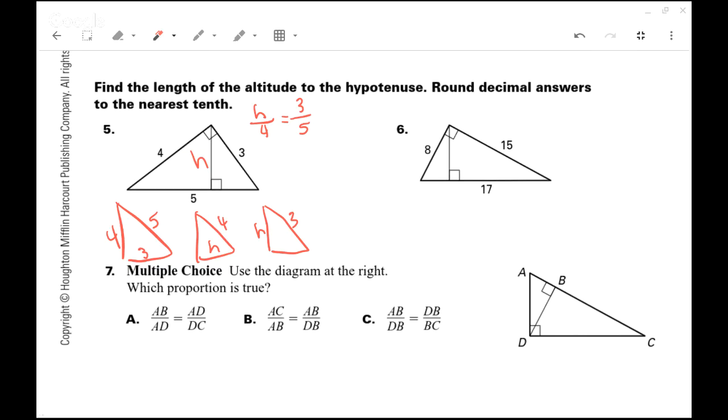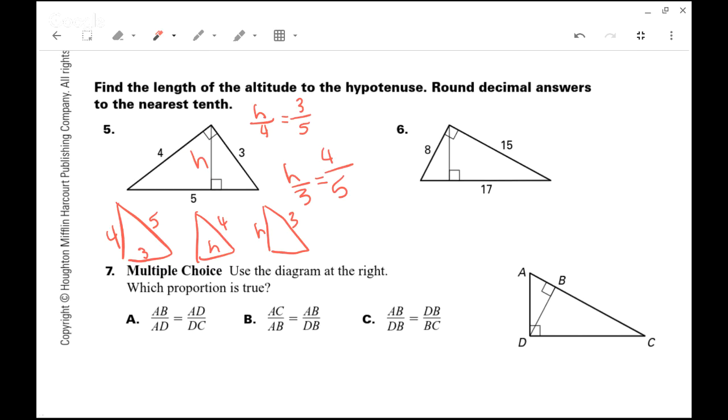Now, if you used the small triangle to set up a proportion, you have your long side and your hypotenuse. So the long side of h over your hypotenuse of 3 equals the long side of your big triangle, which is 4, over your hypotenuse, which is 5.